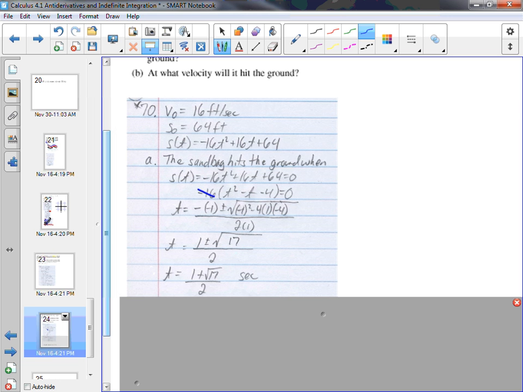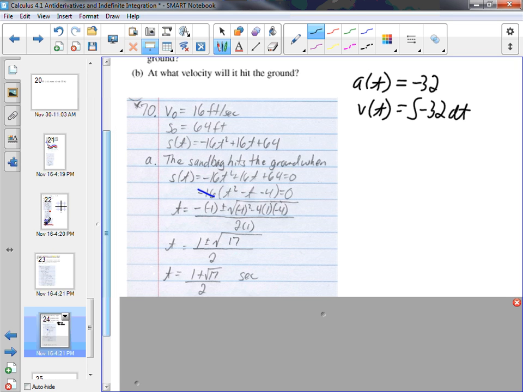At what velocity will it hit the ground? Okay, now, we never did find the velocity, did we? Let's find the velocity. If a of t is negative 32, the velocity is going to be the integral of that.